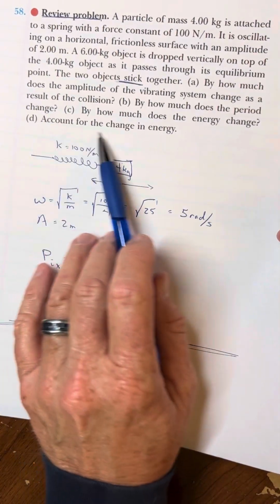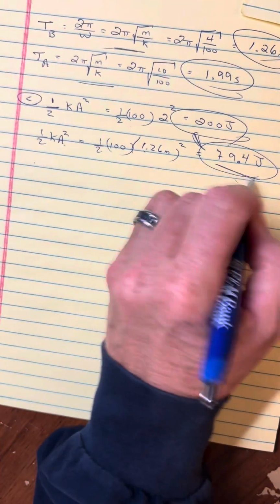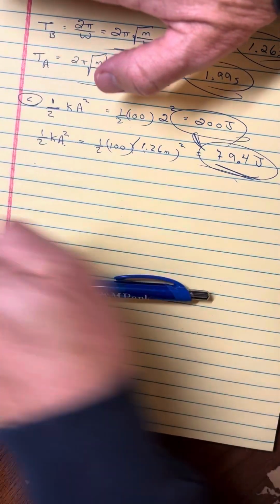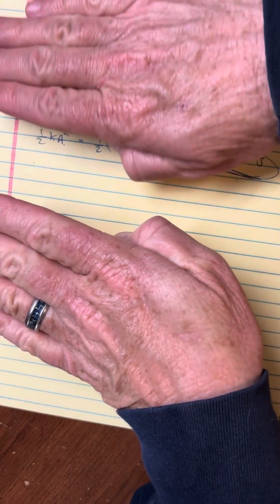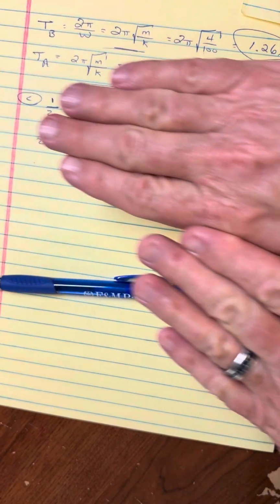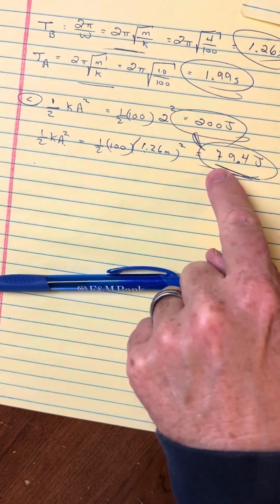And then D, account for this change. Well, that's what we just did. There was a change, and the change must have decreased because as this one was going back and forth, this one was falling, hit it, rubbed, and so now they have a lower energy than the 200, which apparently went down from 200 to about 80.